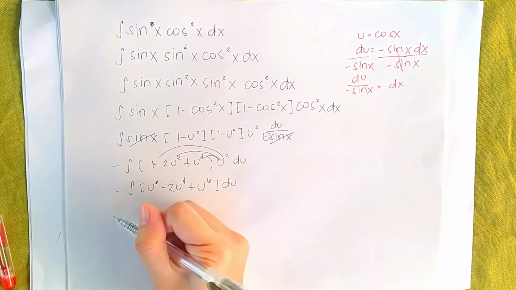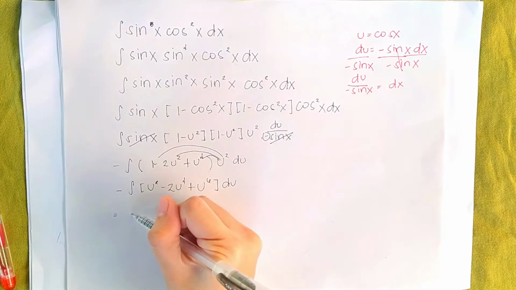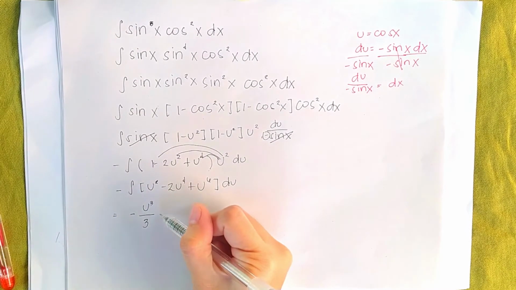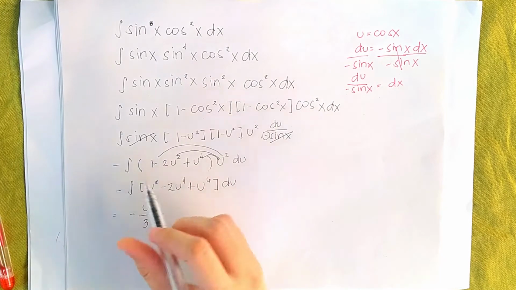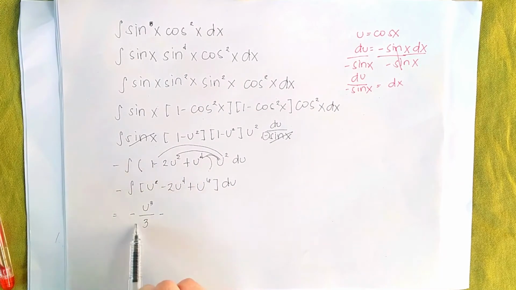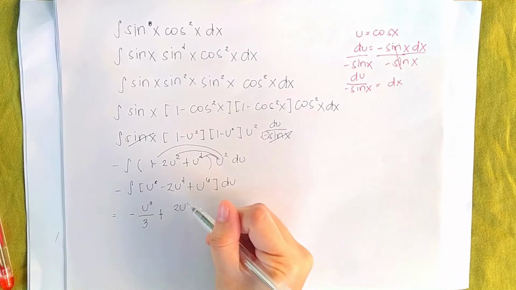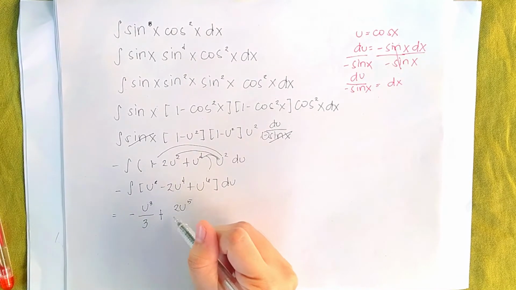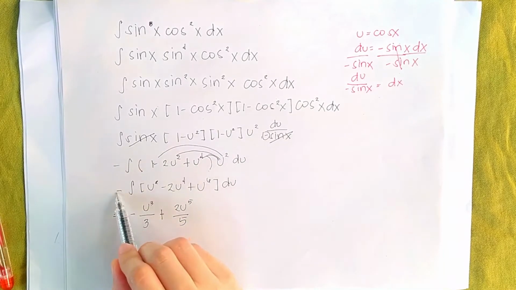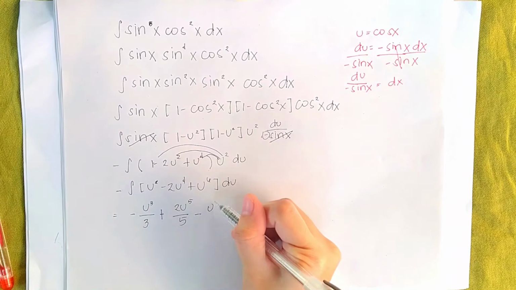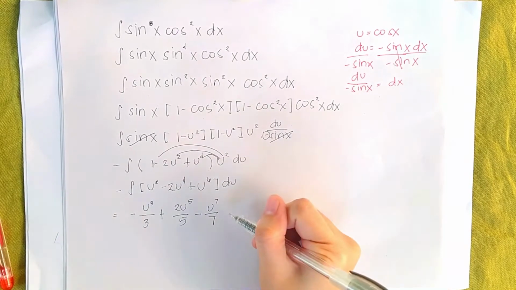So we distribute the negative sign and get the antiderivative of this. So this will be negative u cubed over 3 plus 2u raised to 5 over 5 minus u raised to 7 over 7 plus c.